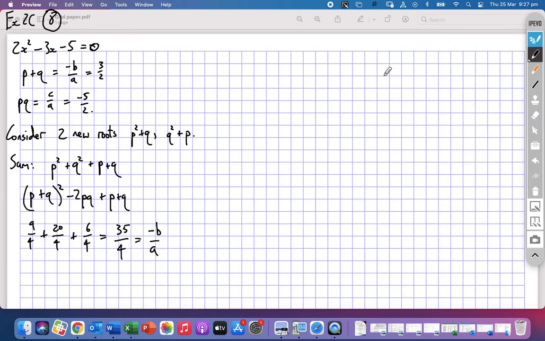Okay, let's look at the product. So I might start up here. Product of p squared plus q and p plus q squared. That equals, we need to FOIL.